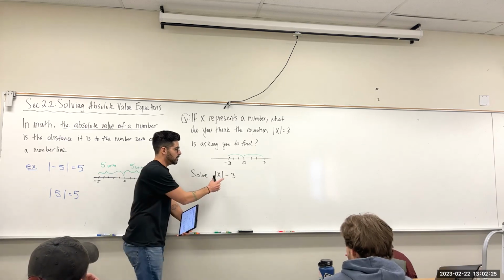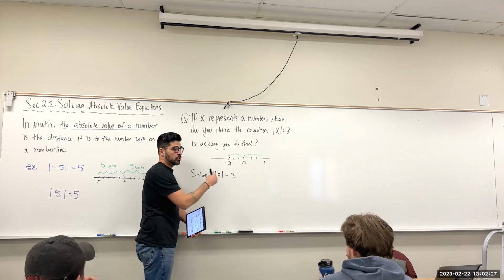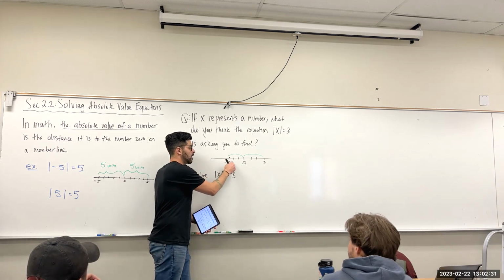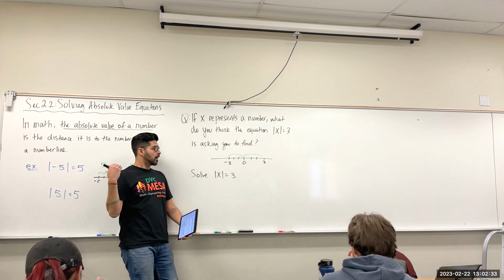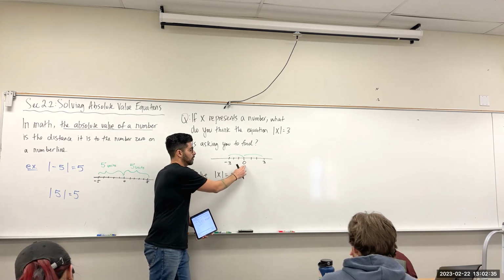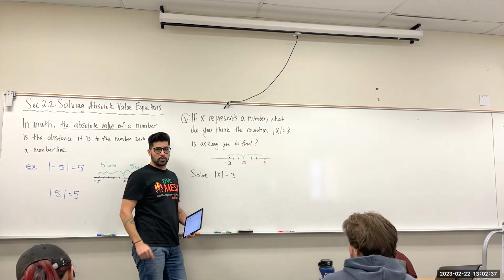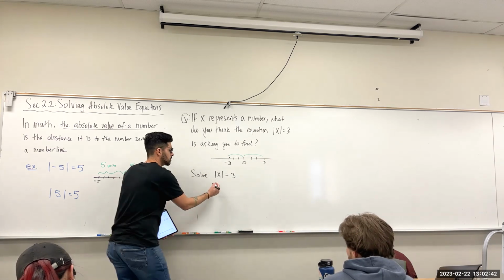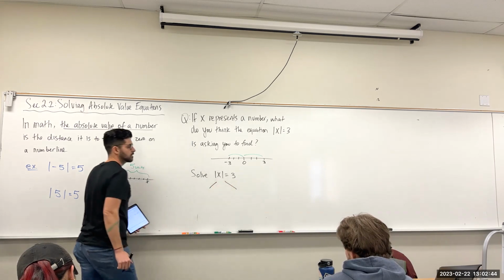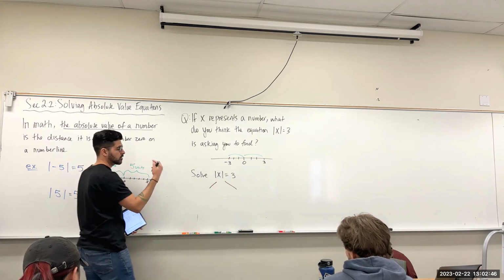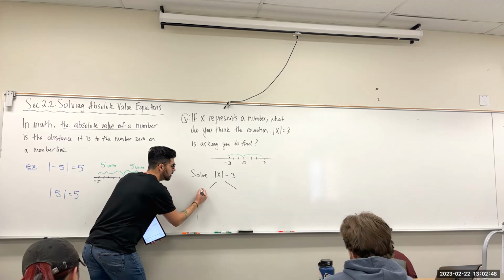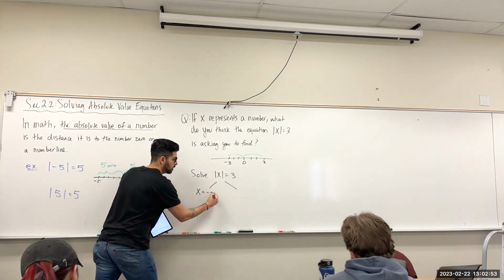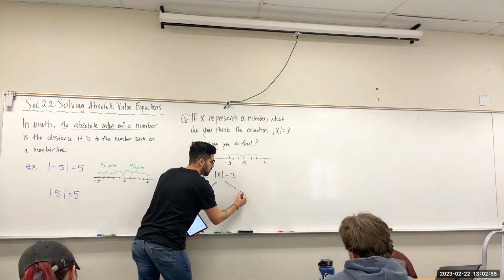Instead, this absolute value equation turns into 2 different equations, one for the scenario where you're on the left side of 0, and one for the other scenario, because there are two values that are the same distance away from 0. So you say, well, the case where X equals -3, or the case where X equals 3.